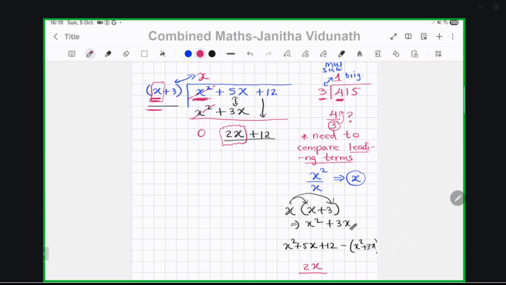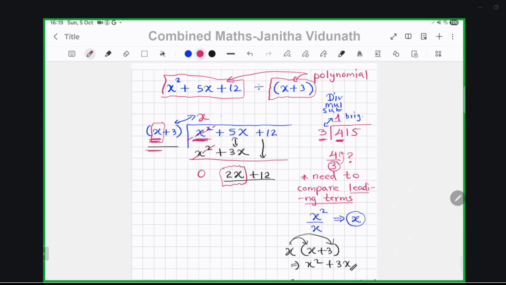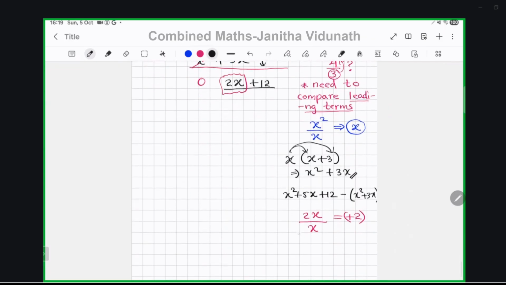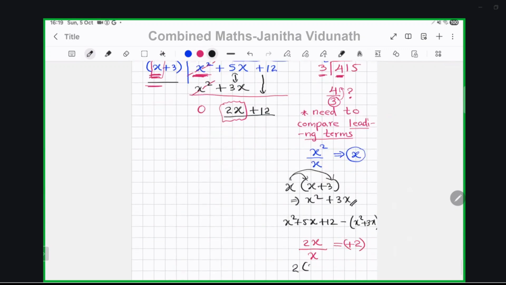That means x. From here, we get the value plus 2. Then we put that value in our quotient, plus 2. Here we first do the division. Then we need to multiply the entire divisor with the new number. That means our number is 2 and our divisor is x plus 3.